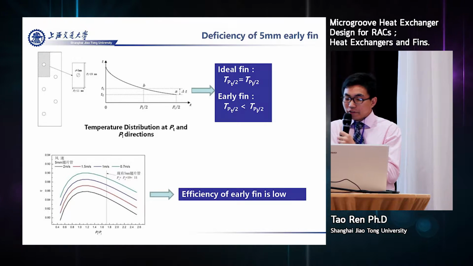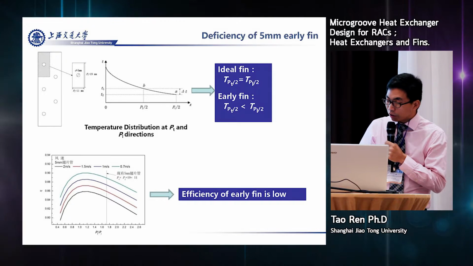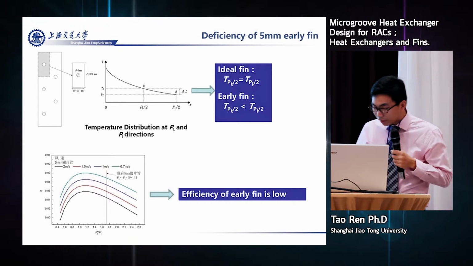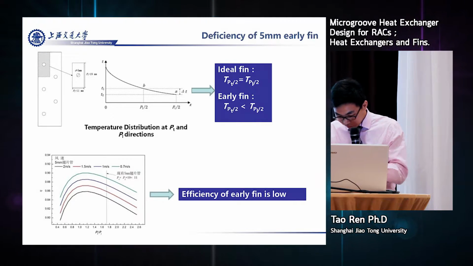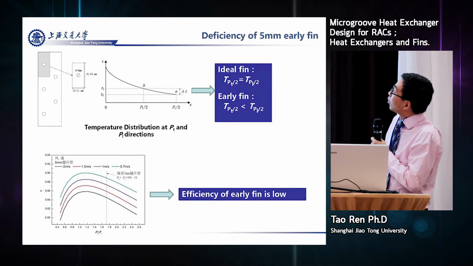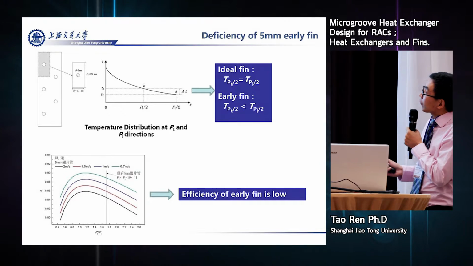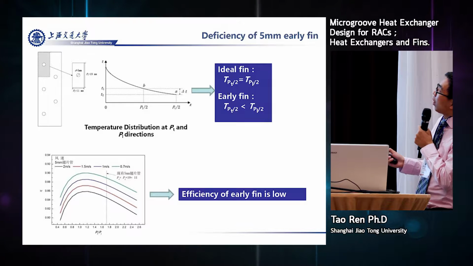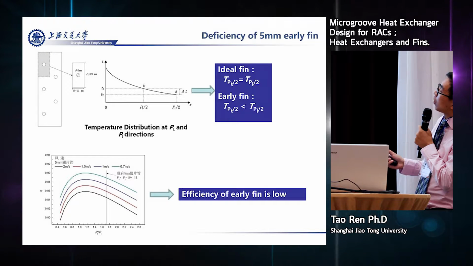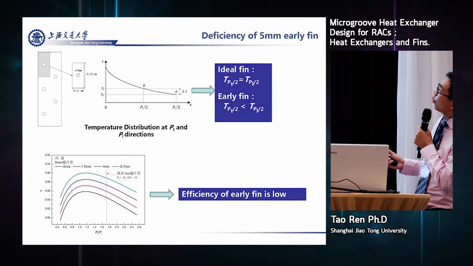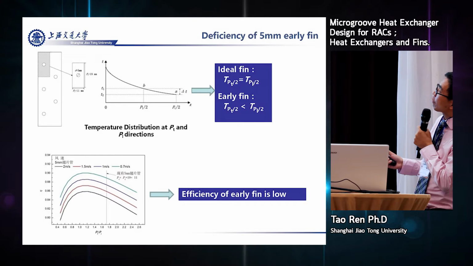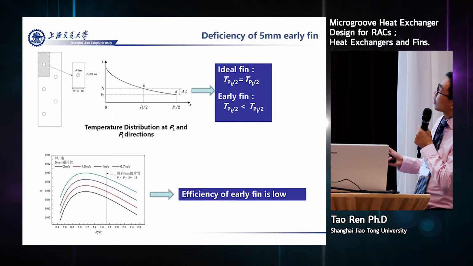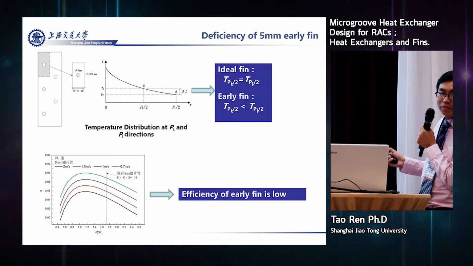Normally, for a fin, the temperature is highest at the collar of the tube, and as the distance goes farther from the collar of the tube, the temperature goes down.